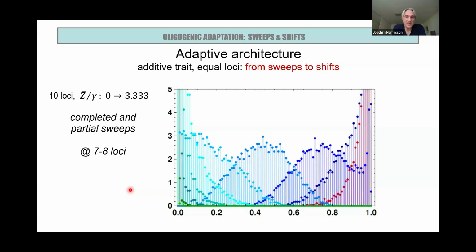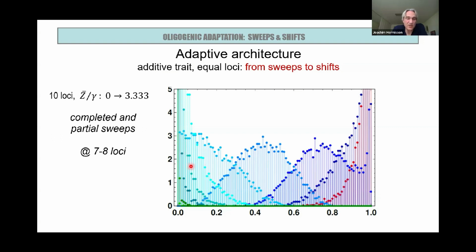Of course, we can change parameters further and get a picture like this, where we now have a pattern of some perhaps still completed sweeps, but usually just partial sweeps, from the largest contributions on this side to the smallest contributions on that side.